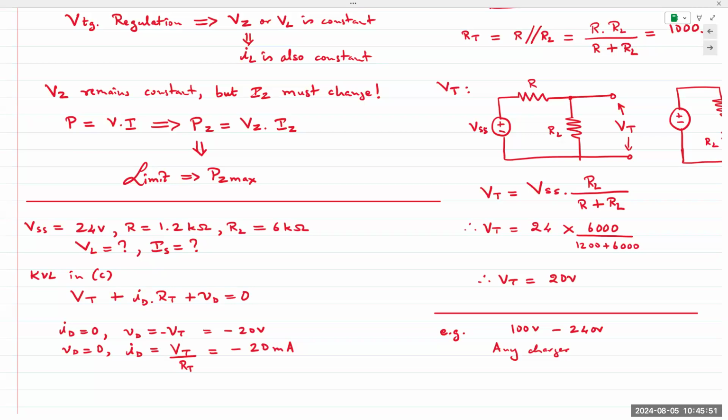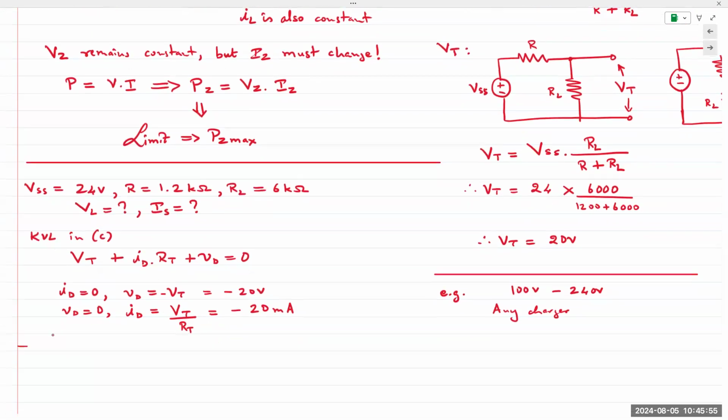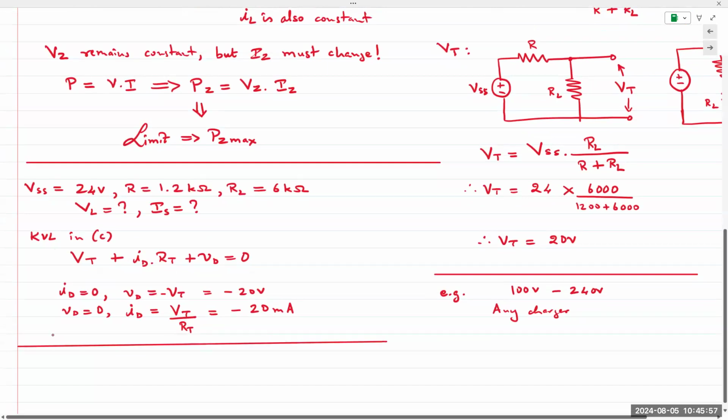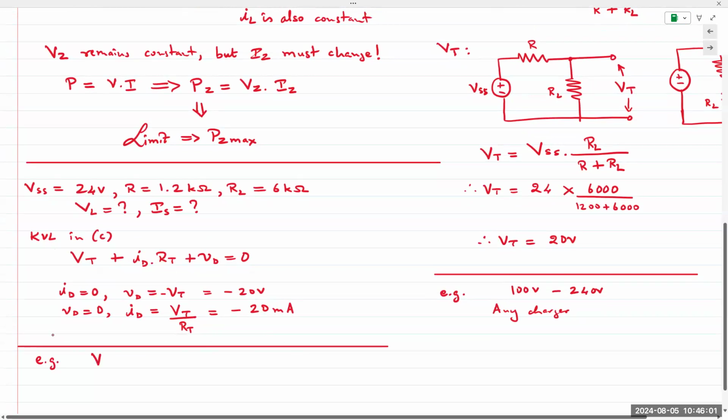Let's say, for example, in this particular instance, we use VZ as 10 volts. Let's say you want your VL to be 10 volts. That means your VZ has to be 10 volts.